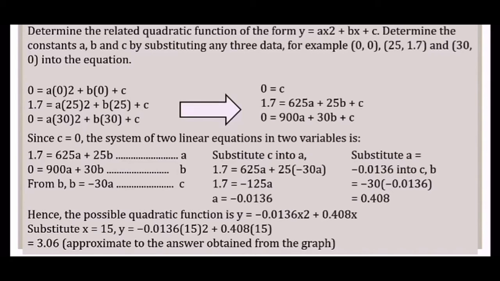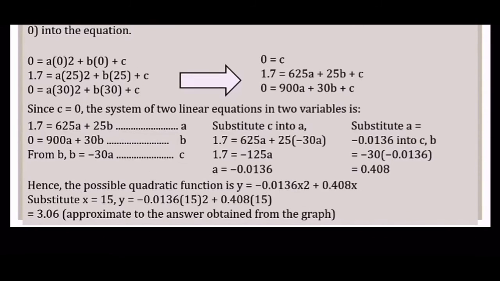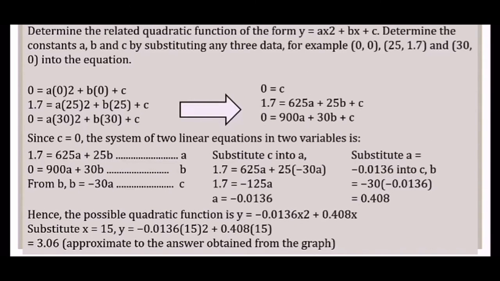Since c equals 0, the system of two linear equations in two variables is 1.7 equals 625a plus 25b as equation A, and 0 equals 900a plus 30b as equation B. From equation B, b is equal to negative 30a. We can substitute b into equation A: 1.7 equals 625a plus 25 times negative 30a.